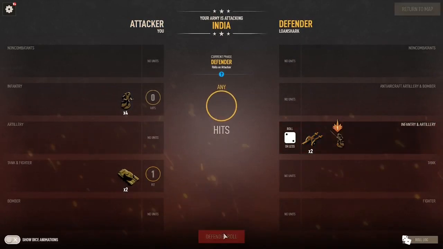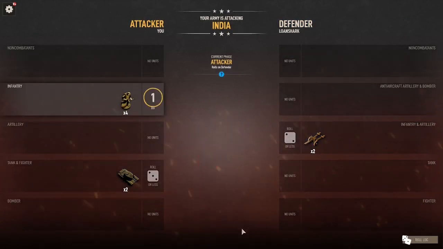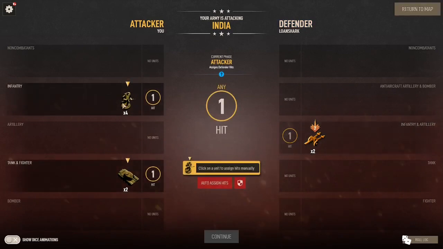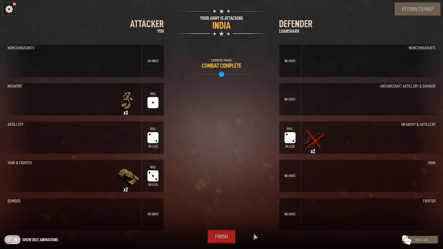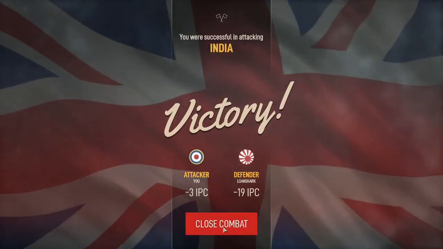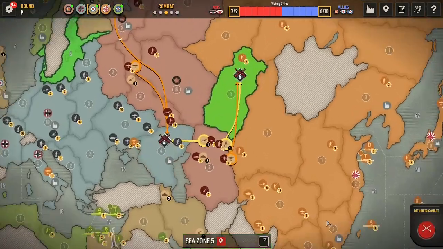Good gracious, at least one tank is able to hit. Wow. Okay, so that's kind of great for me. I may even throw my AA down there now. I was planning on only having 1 or 2 units live. That was some weird dice there.